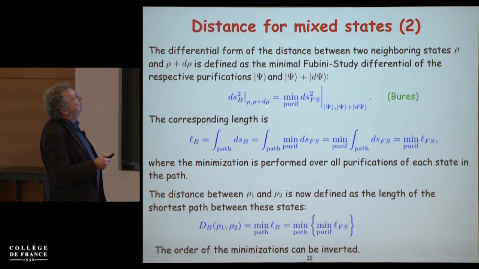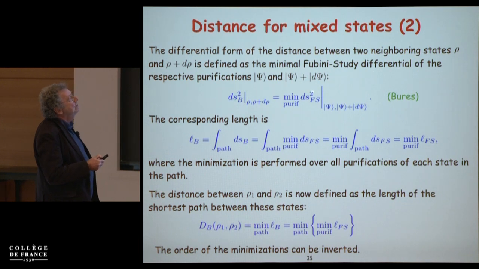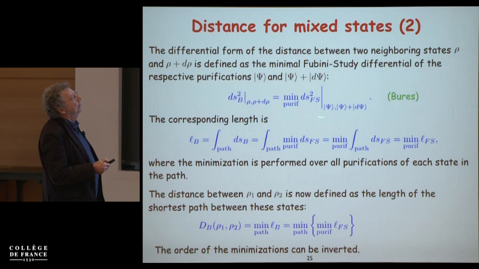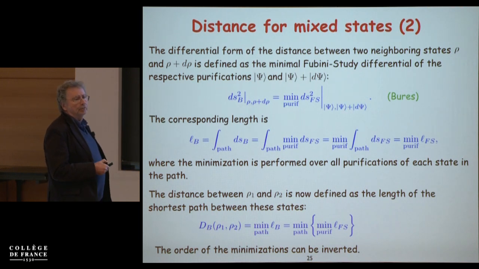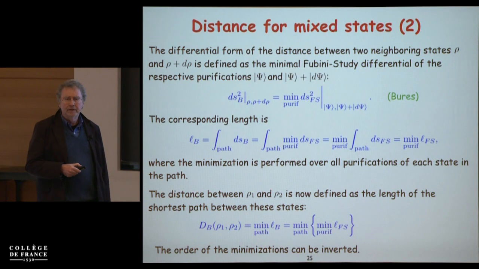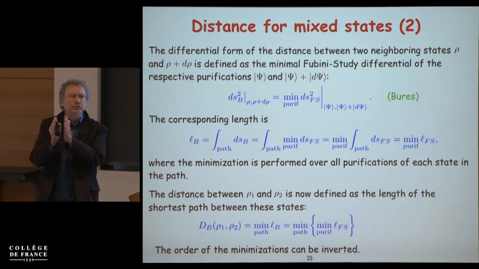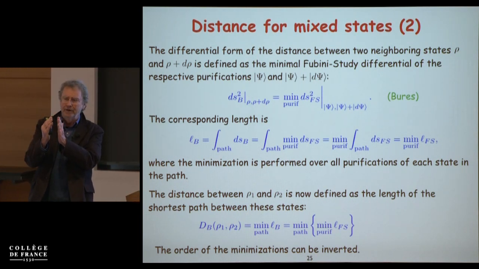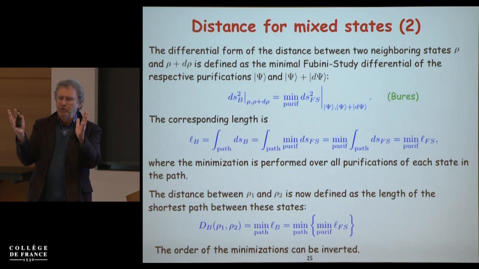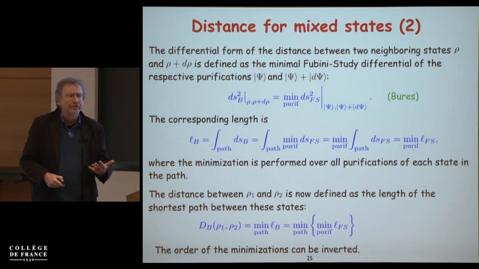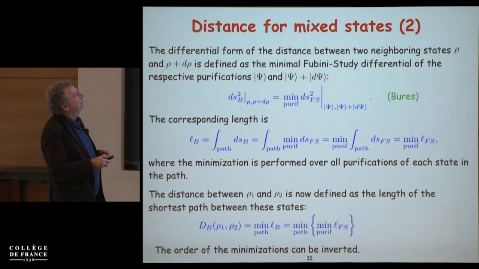And the definition given by Bures is that this is the minimum distance between the purifications corresponding to rho and rho plus d rho, minimum over all possible purifications. Okay? So that defines the distance between the two density matrices. Again, the same idea as before. You look for the purifications, you look for the distance between these purifications, and you look for the minimum of the distance over all possible purifications, and you define that as the distance between two density matrices.